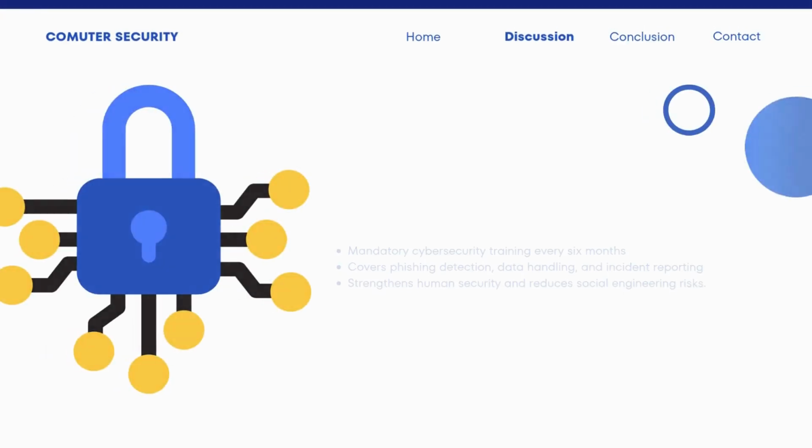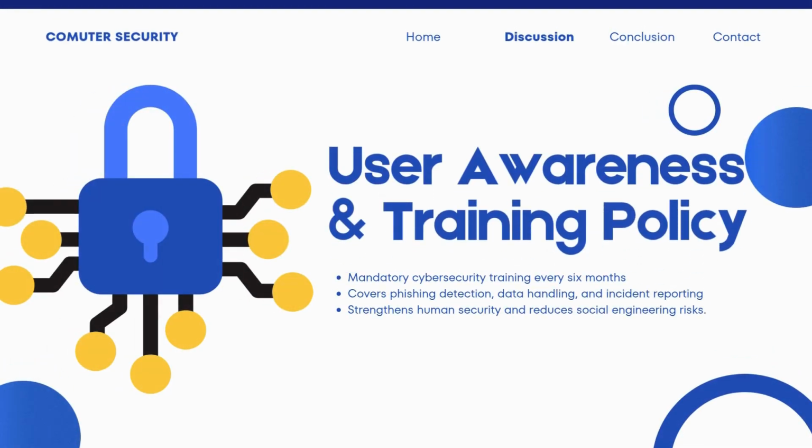Now, I'll be talking about user awareness and training policy. This policy is about the awareness of users in the banking system. Human error is one of the biggest causes of security breaches, which is why SCB enforces mandatory cybersecurity training every 6 months for all staff.